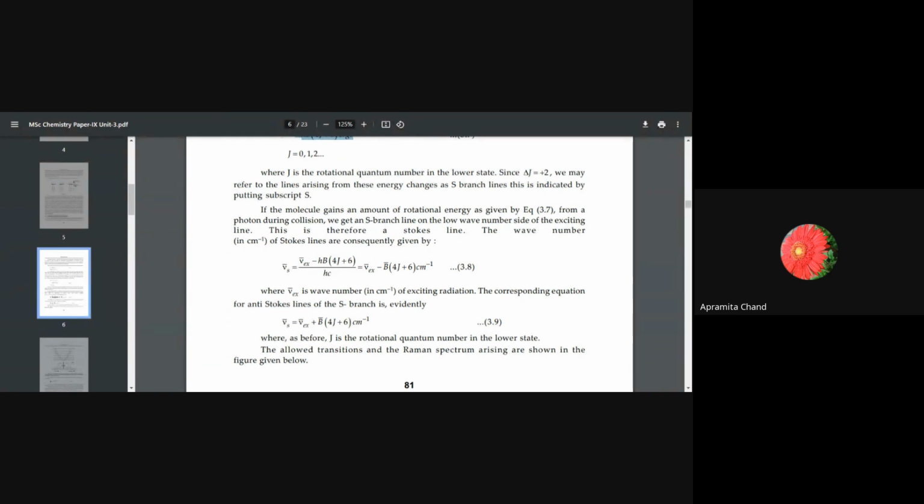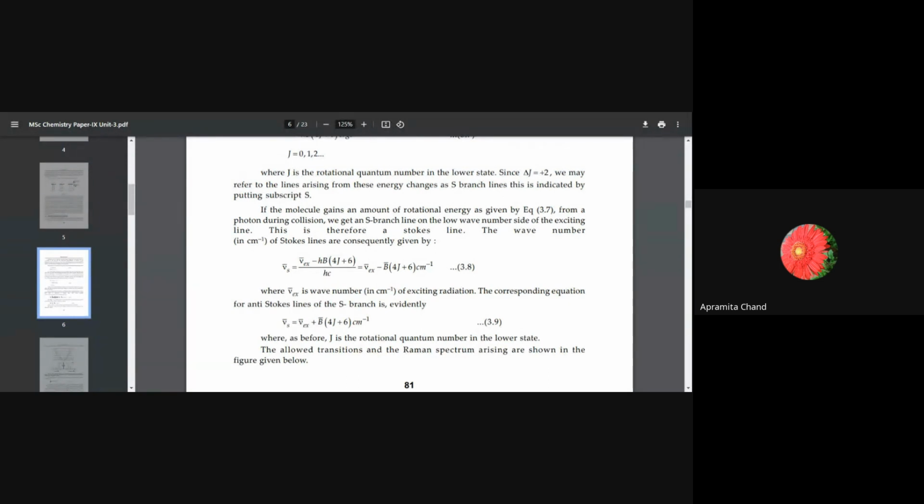So the wave number of the Stokes line is given as this. Here nu bar excitation is the wave number of the exciting line, and nu s will be the wave number of the Stokes line.